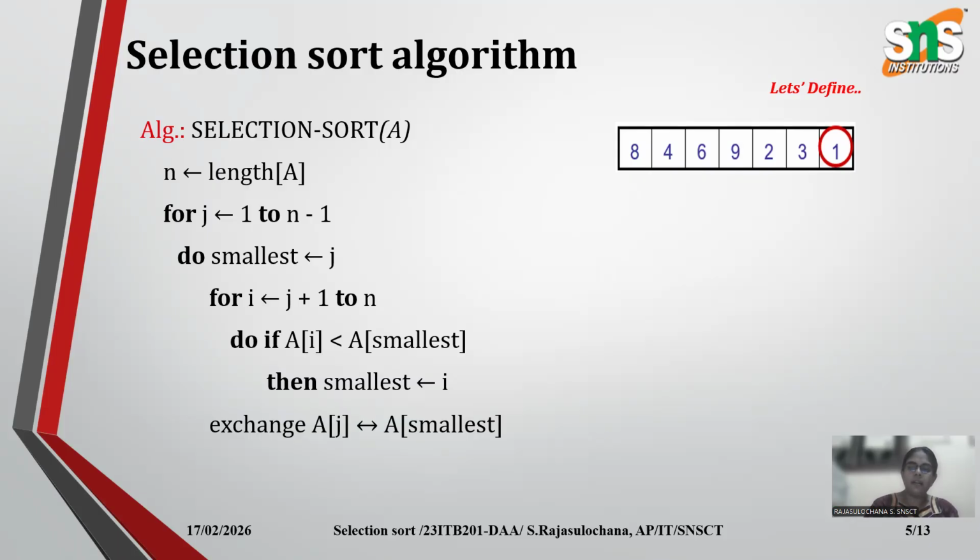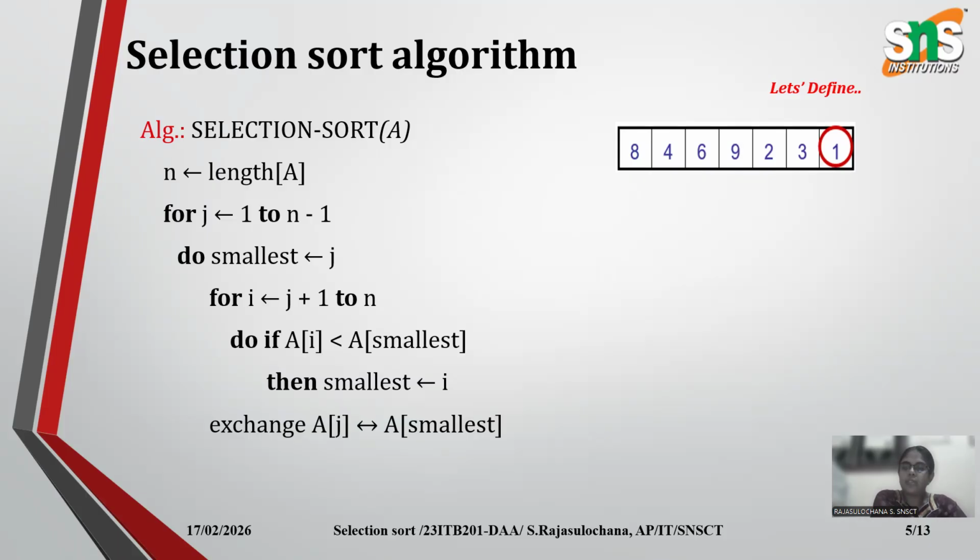Else the process continues by choosing the next value as minimum. So at the end of every pass, the minimum value will be moved to the front of the array, or we can say at the front of the array, the values will be in sorted order.